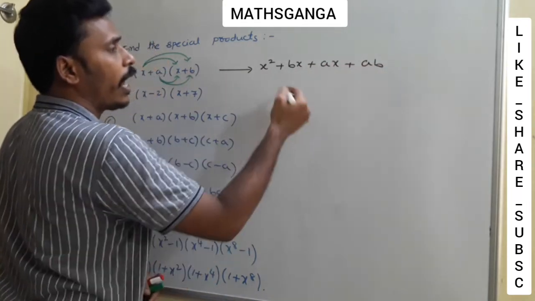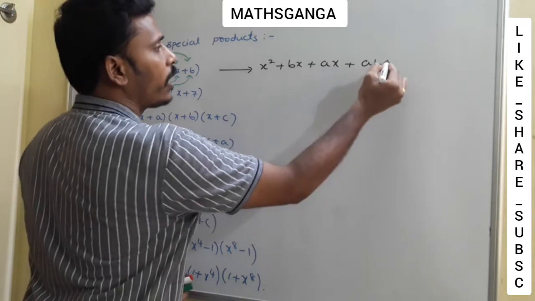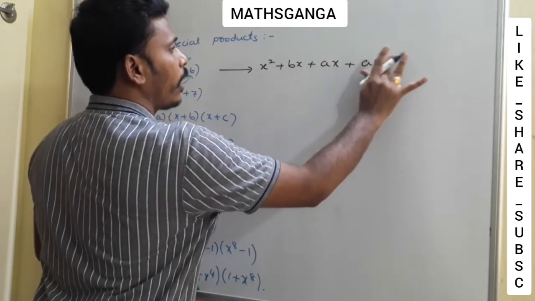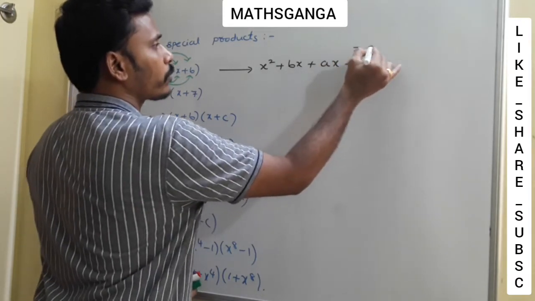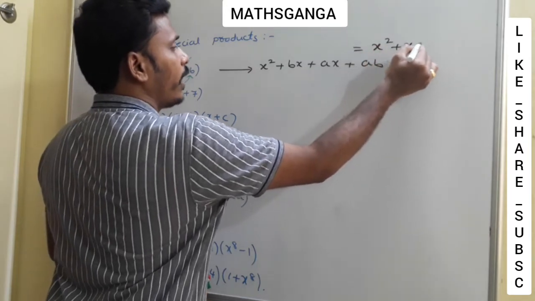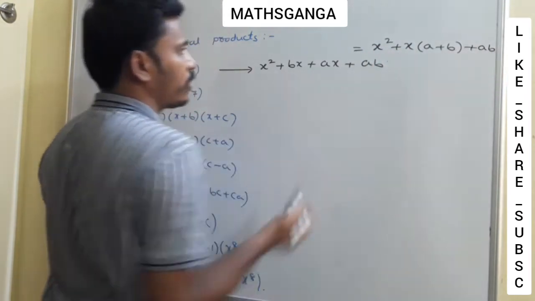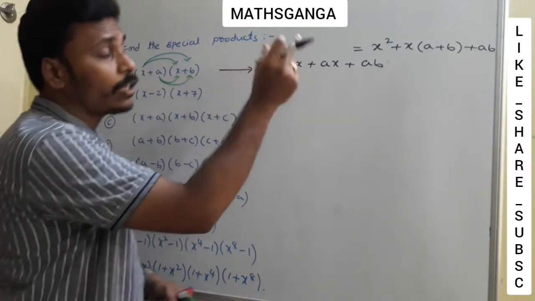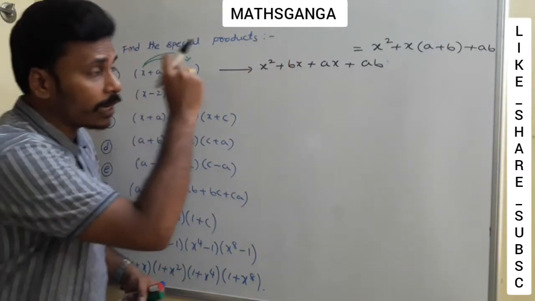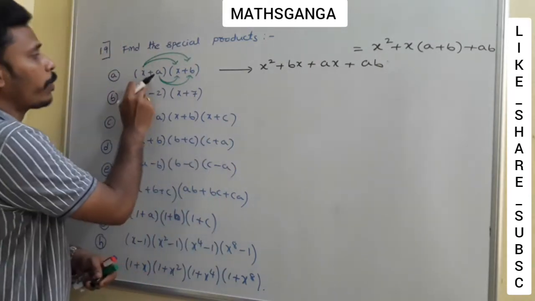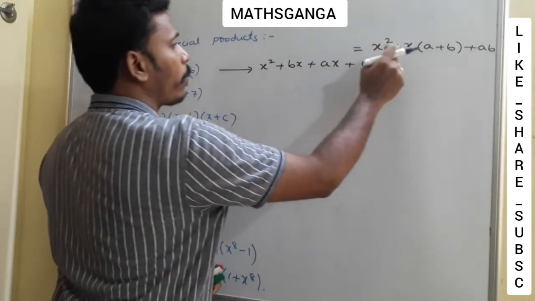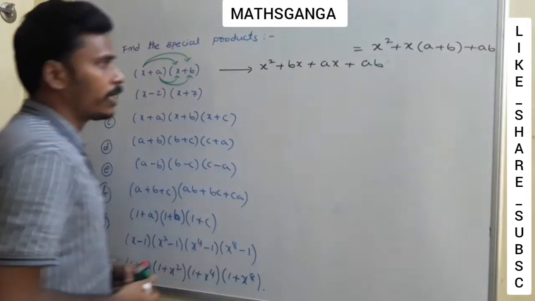Rearranged, this is x square plus x times of a plus b plus ab. That pattern you need to identify and memorize: x plus a into x plus b is x square plus x times of a plus b plus ab.